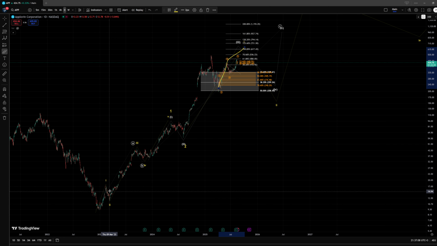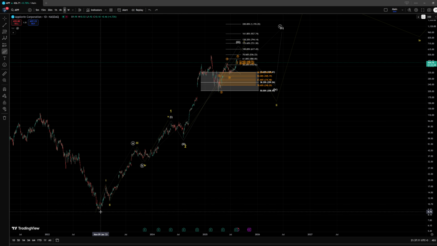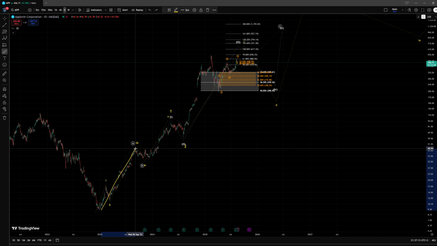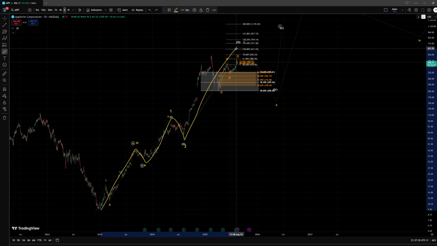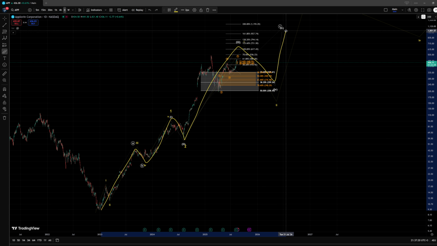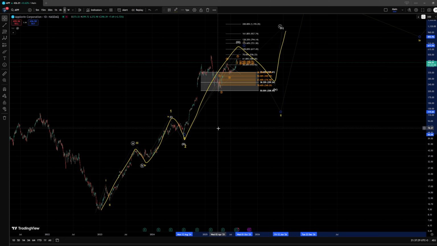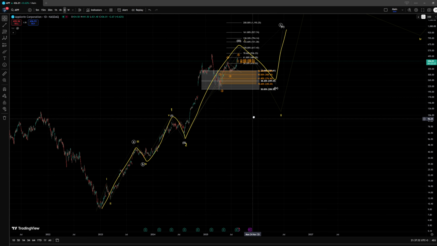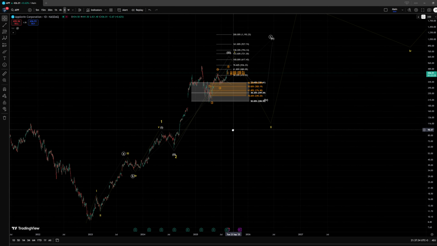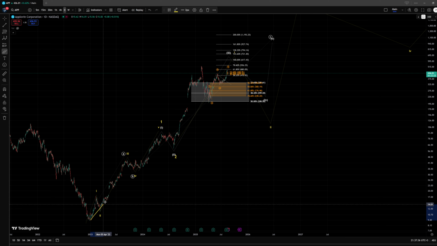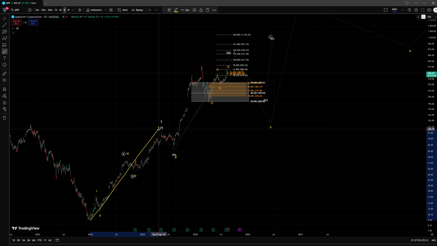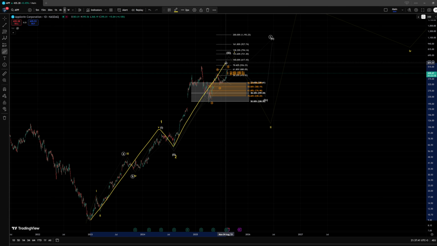It could also be an ABC, but it could also be the case that we have a wave A here, a wave B, and then in the C wave a 1, 2, 3 that is forming, and then a 4-5 pattern to actually complete the wave C, where instead in the yellow scenario we would be looking for a much deeper retracement. And if that also fails, we are actually looking instead at the larger A than in the white scenario, and then a B here, and then a C wave up.